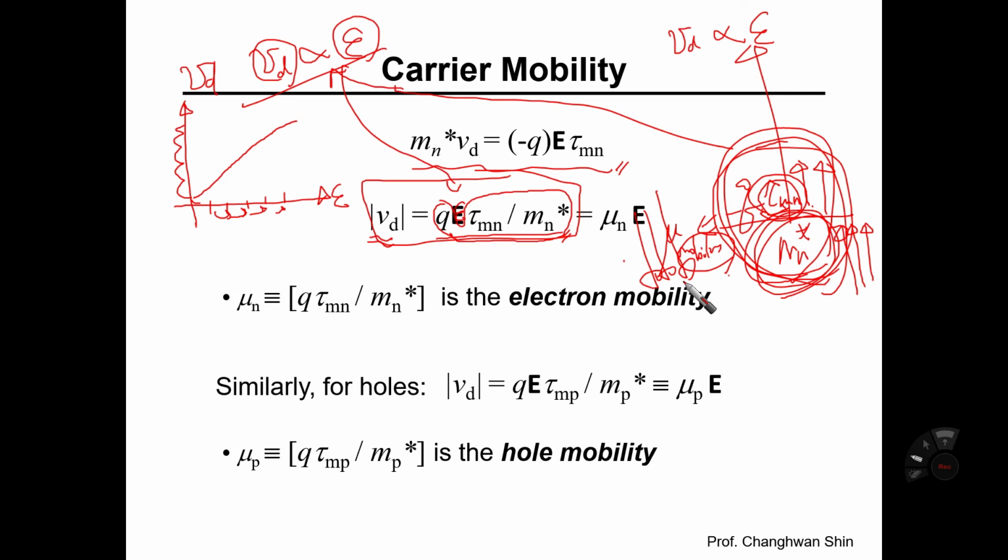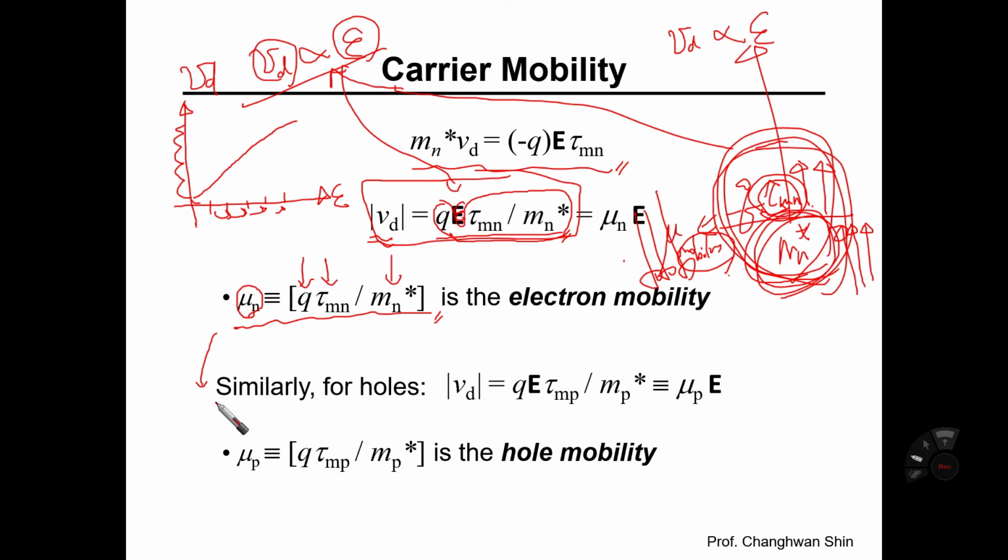The same thing can happen to electrons in silicon material. So now let's define the mobility for electrons. Electron mobility is q times average scattering time divided by effective mass.